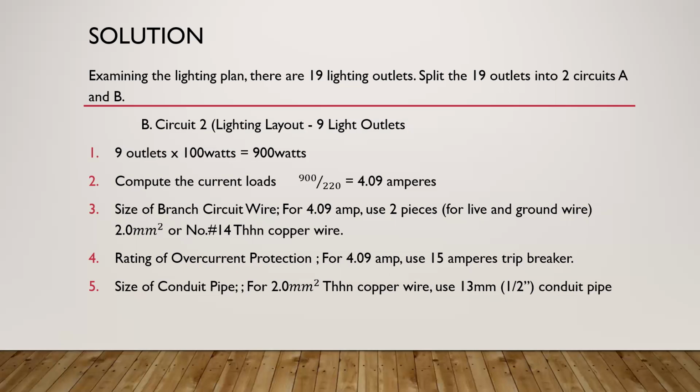So we will use 2 pieces of number 14 conductor wire. Yung ating fuse is 15 amperes. And then yung size ng ating conduit pipe is 13 mm conduit pipe.